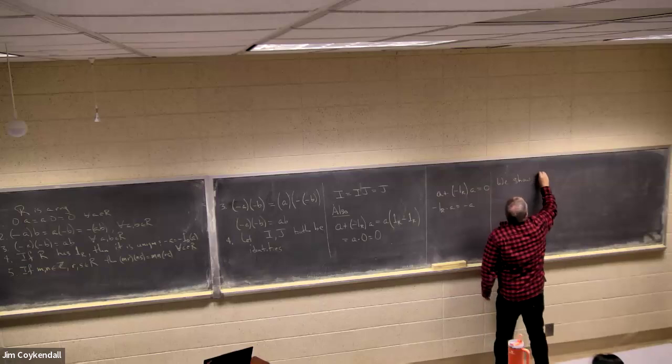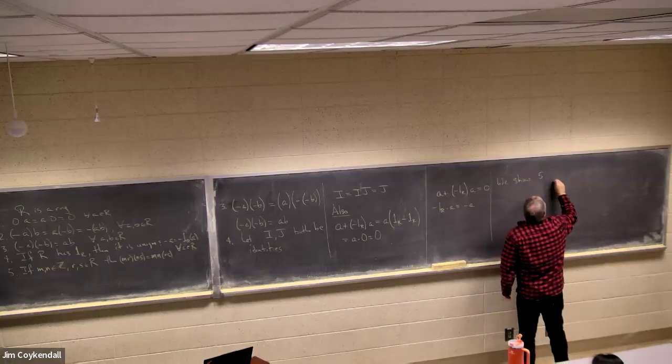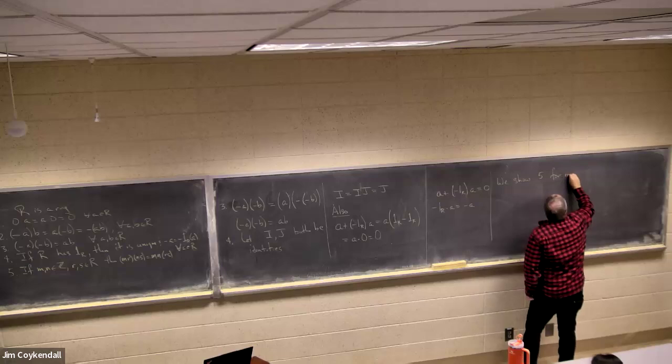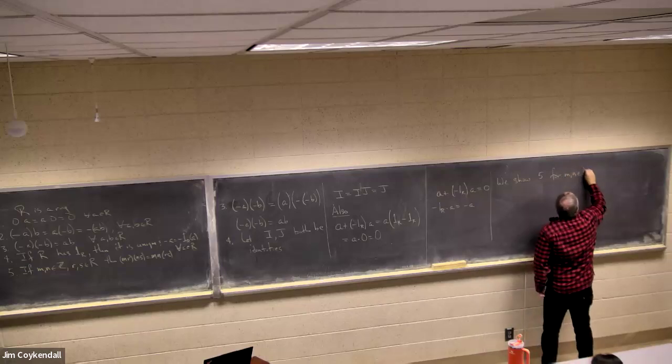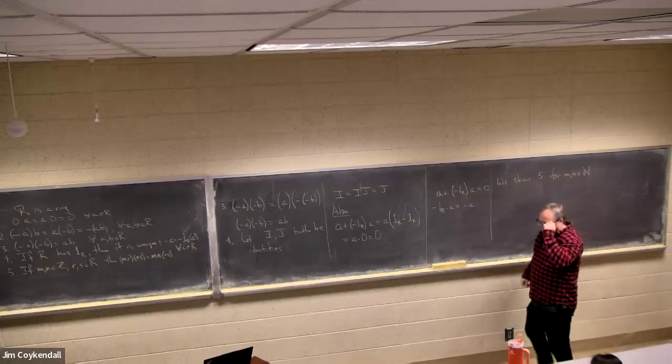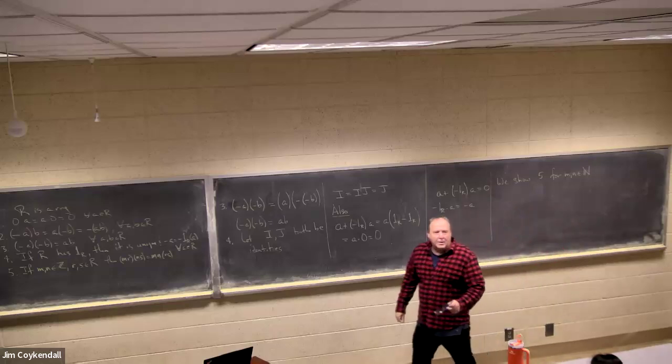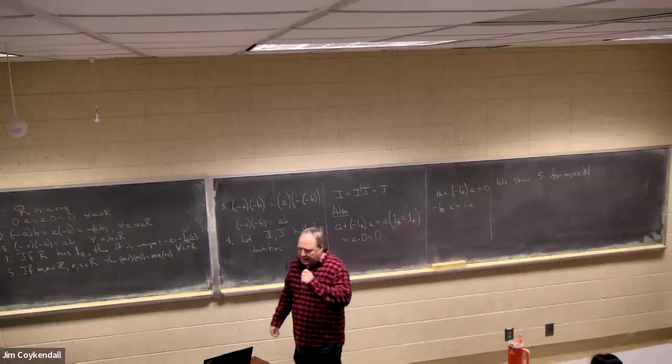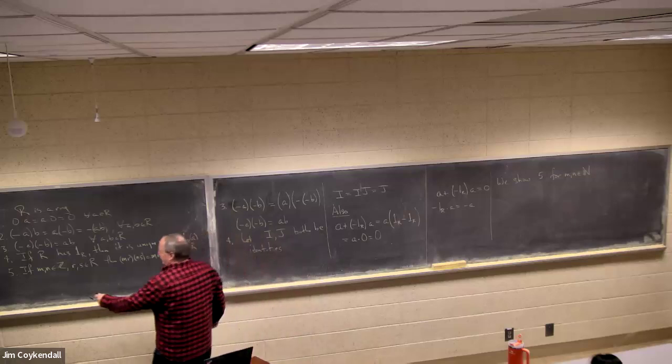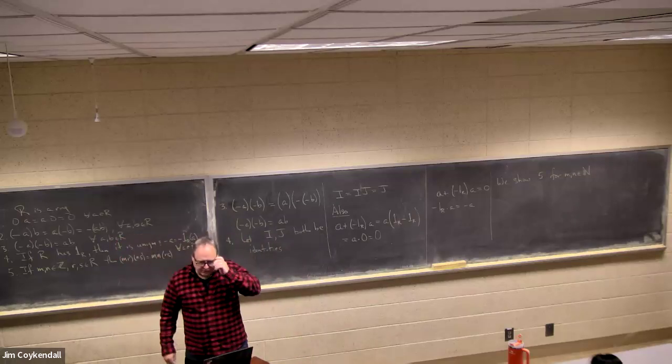We show 5. So I'm going to show just 5 for M and N being natural numbers as opposed to integers.